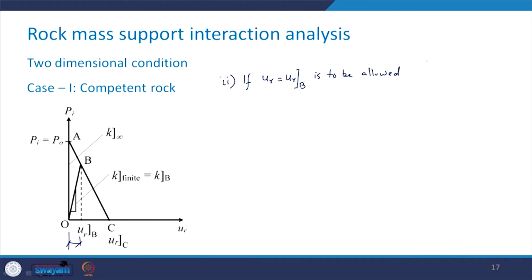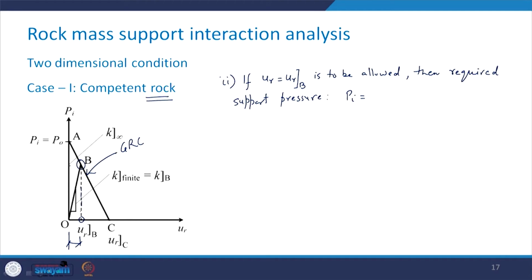So in that case, what will be the required support pressure? Pi will be equal to, see, the required support pressure will be, I take from this point a vertical line like this dotted line, and I reach here, which is the GRC, ground response curve, for this competent rock.